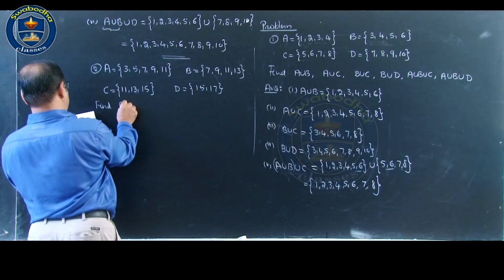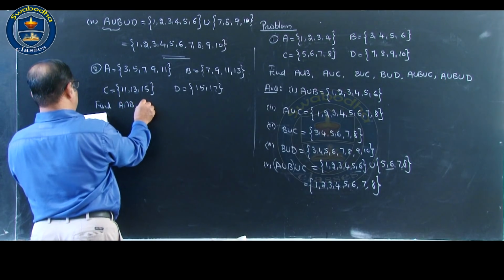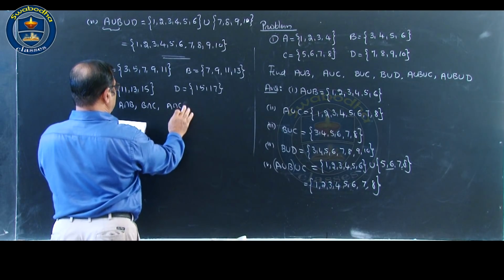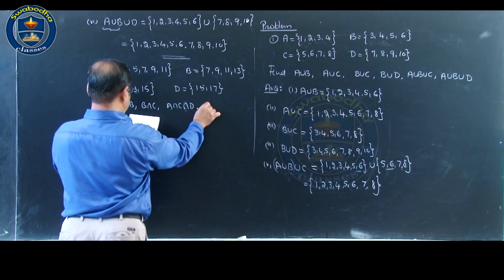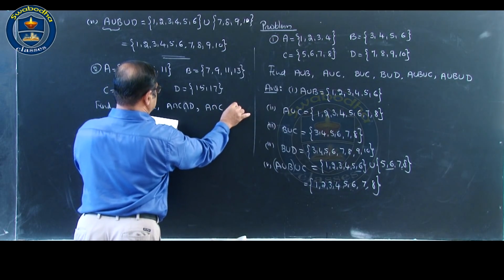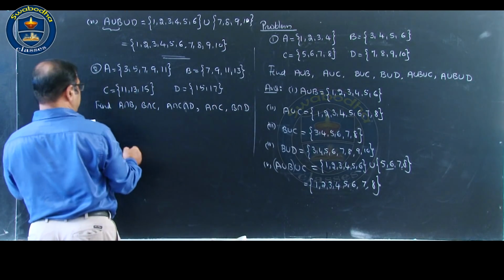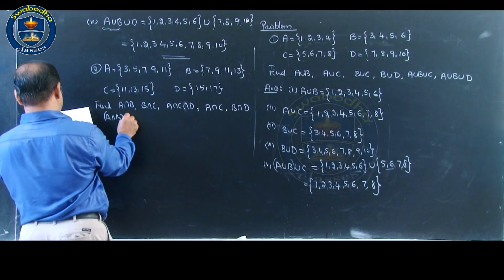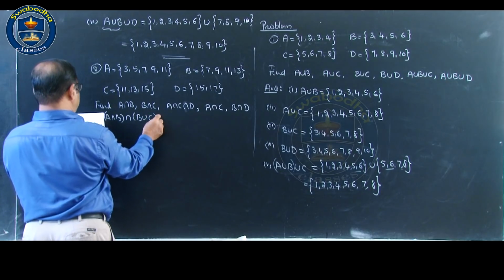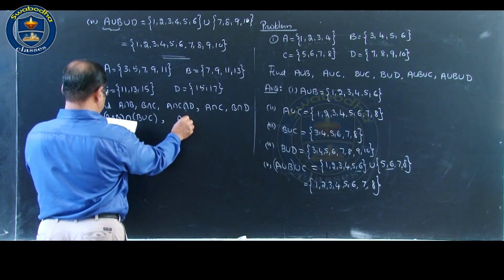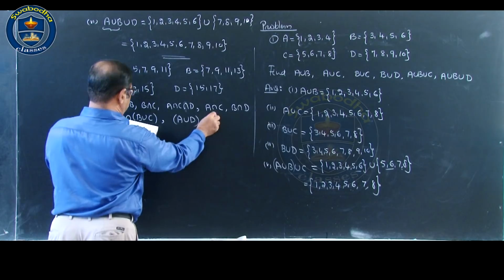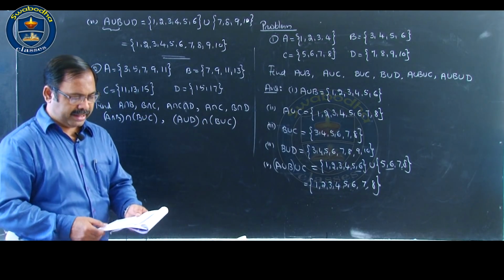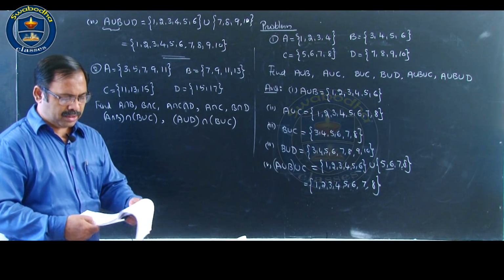Find A intersection B, B intersection C, C intersection D, A intersection C, B intersection D. Then A intersection B intersection B union C. Then A union D intersection B union C.